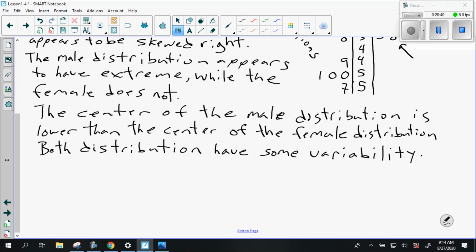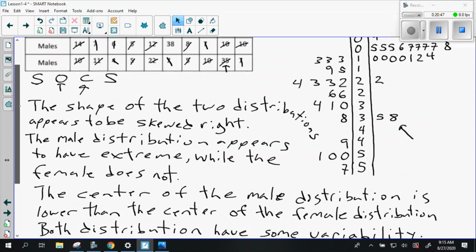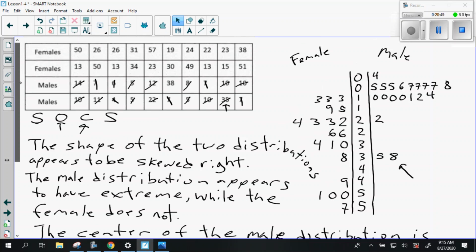All right, we compared the shape, center, spread, and extreme values for both the distributions of males and females pairs of shoes worn. And keep in mind, I should have put a key here. We're going to do it. It's not done. So remember my key. I had written it earlier for the females. So I guess I had checked that off my list.